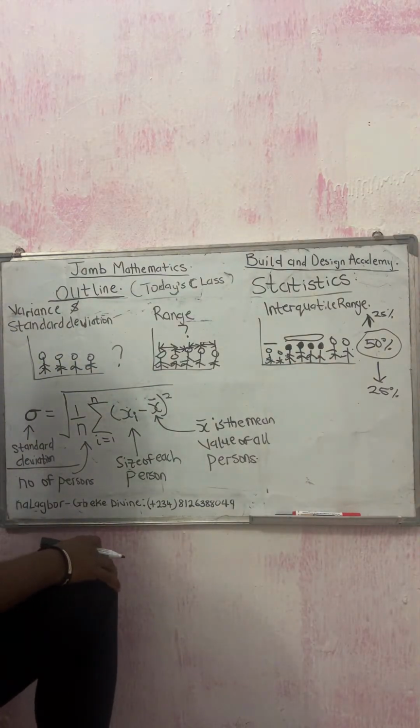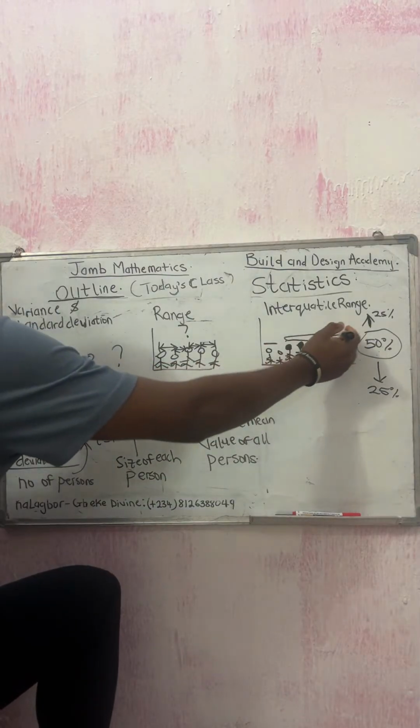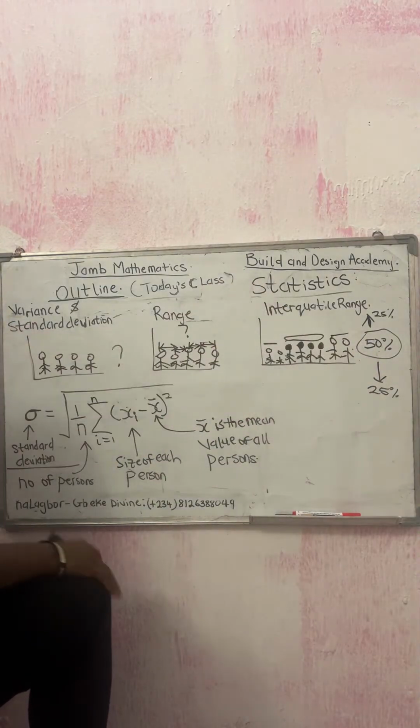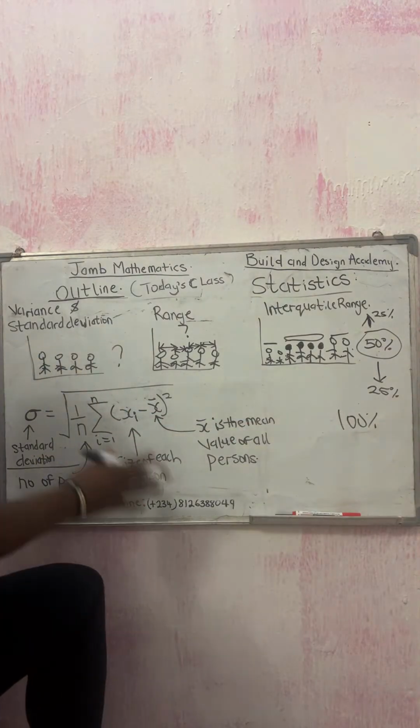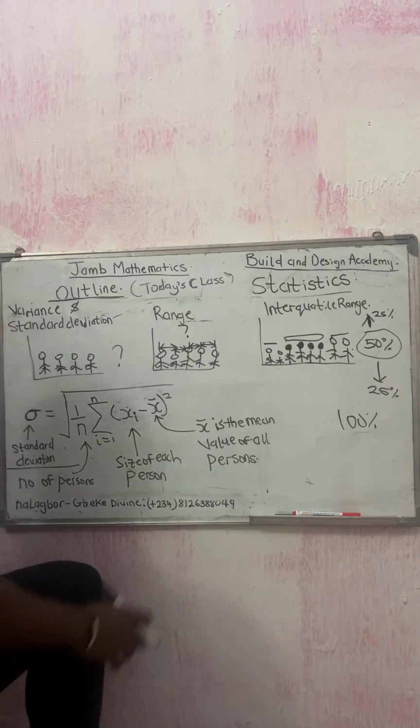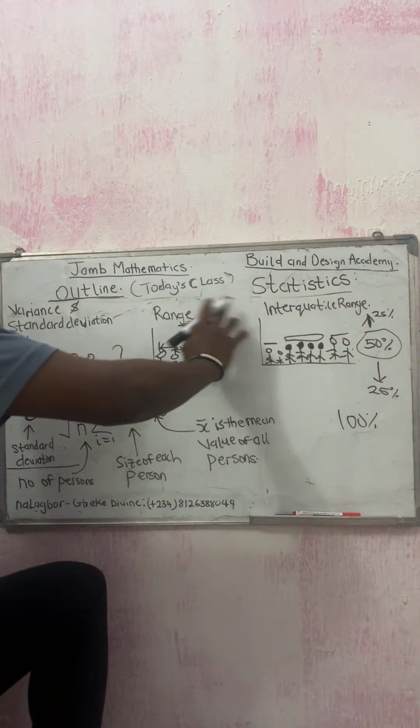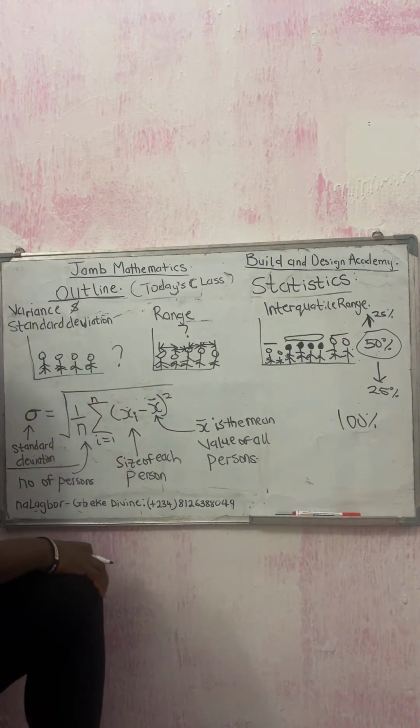While this one and this one are 25% and 25%. Together we make 100%. So this is what variance and standard deviation mean, what range means, and what interquartile range means. Very simple.